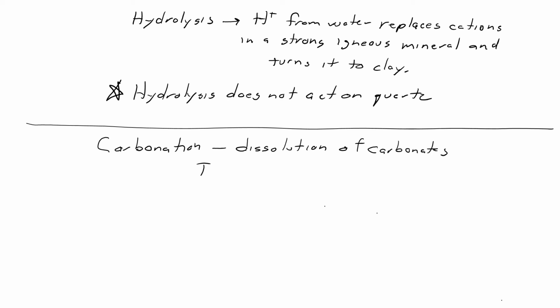And we tend to have two primary carbonate minerals. Two minerals commonly found in limestones are calcite and dolomite.